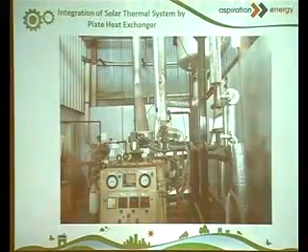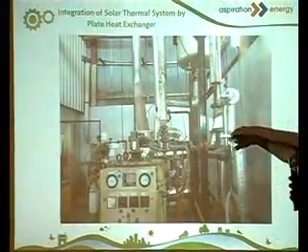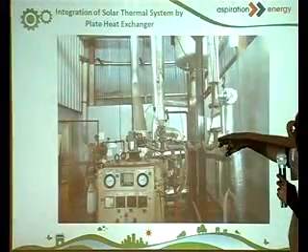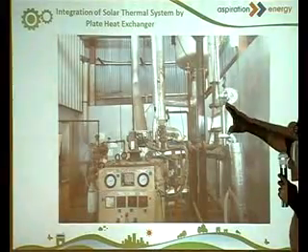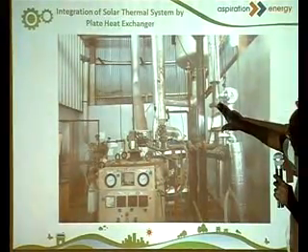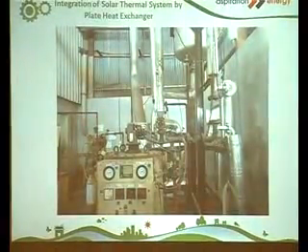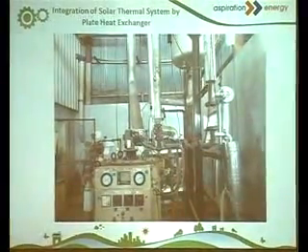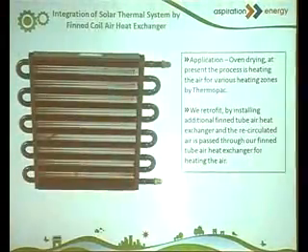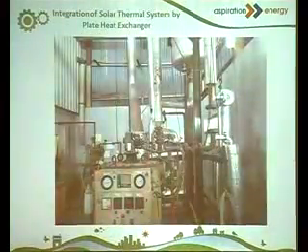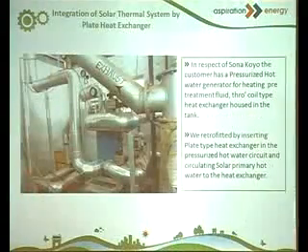This is the hot water boiler, and from this the pressurized hot water will go to the process, and we have disconnected here, and it is fed to the solar plate heat exchanger, and it will be retrofitted.